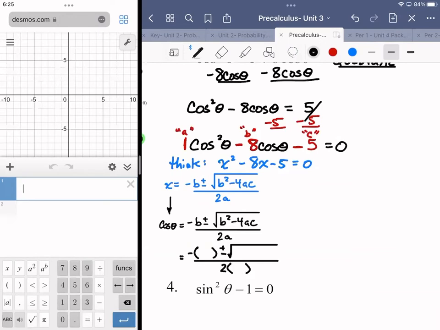All right, so negative, the b value is -8, plus or minus the square root of b squared, so -8 squared minus 4 times 1 times -5, all over 2 times 1.